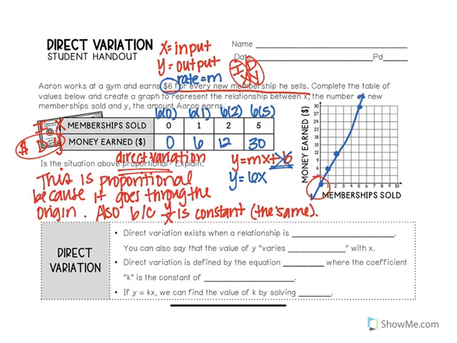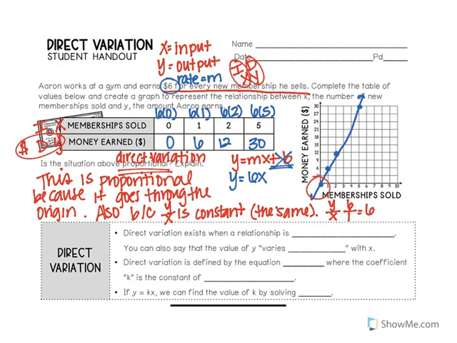Not only is it proportional because it goes to the origin, but because when you use the constant of proportionality, direct variation, when you use that formula y over x, which we say, girl, why can't you get over your x? This is constant. And what I mean by that is I don't use the origin numbers, but I start with the first numbers. That would be y over x is 6 over 1, and it simplifies to 6.